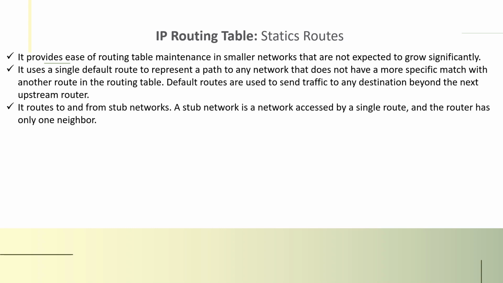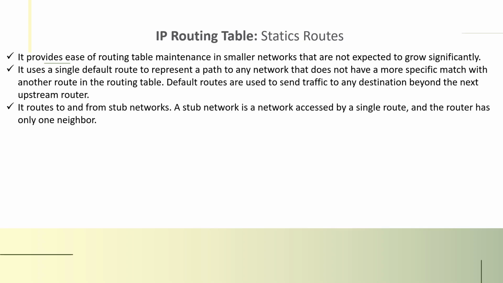The benefits of using static routes include improved security and resource efficiency. Static routes use less bandwidth than dynamic routing protocols, and no CPU cycles are used to calculate and communicate routes. The main disadvantage of using static routes is the lack of automatic reconfiguration if the network topology changes.